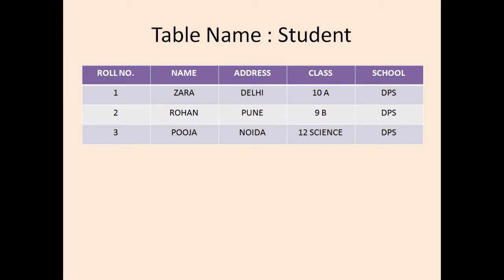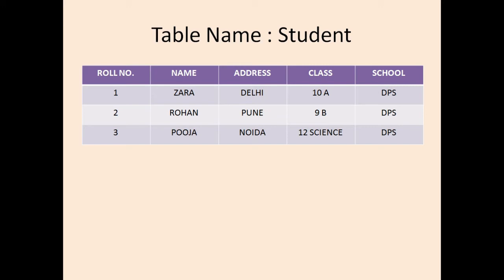Because in one school there are so many classes starting from class KG to class 12. For each class we have roll number 1, 2, 3, 4 and so on. So whenever I say roll number 1, all the students having roll number 1 from classes KG to class 12 will come up.